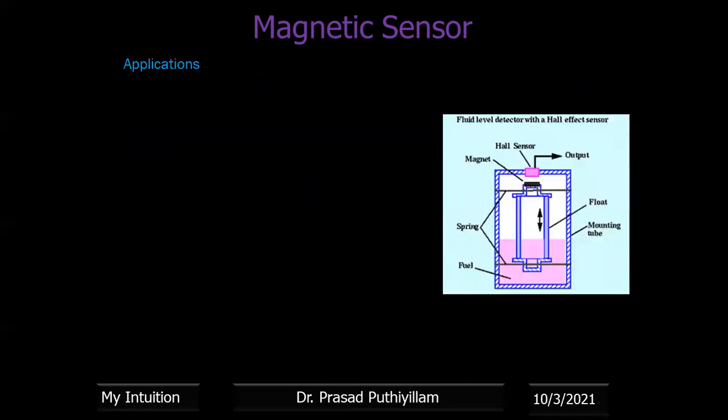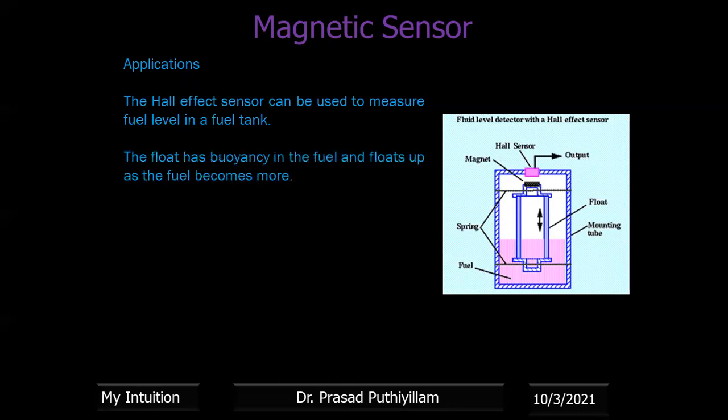Now, based on the Hall effect concept, the Hall effect sensor has applications. It can be used to indicate the fuel level in fuel tanks, because the float used will float in the fuel, and it will rise as the fuel quantity or volume increases in the tank.